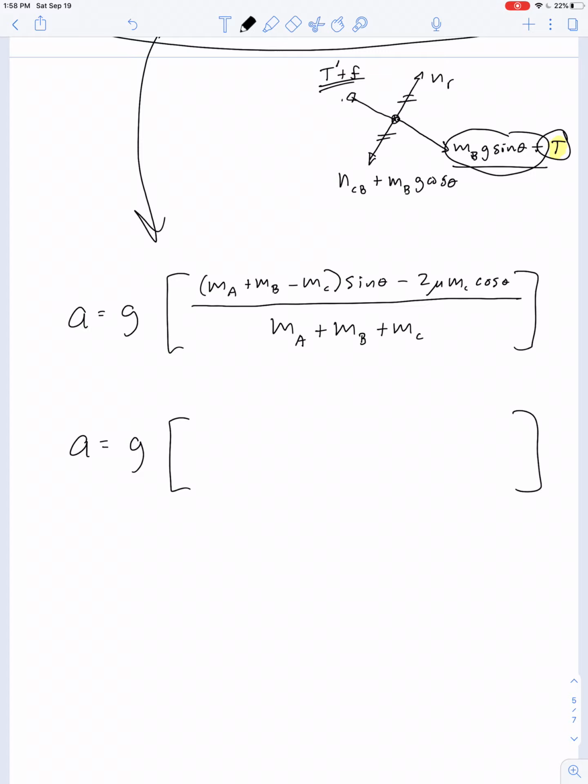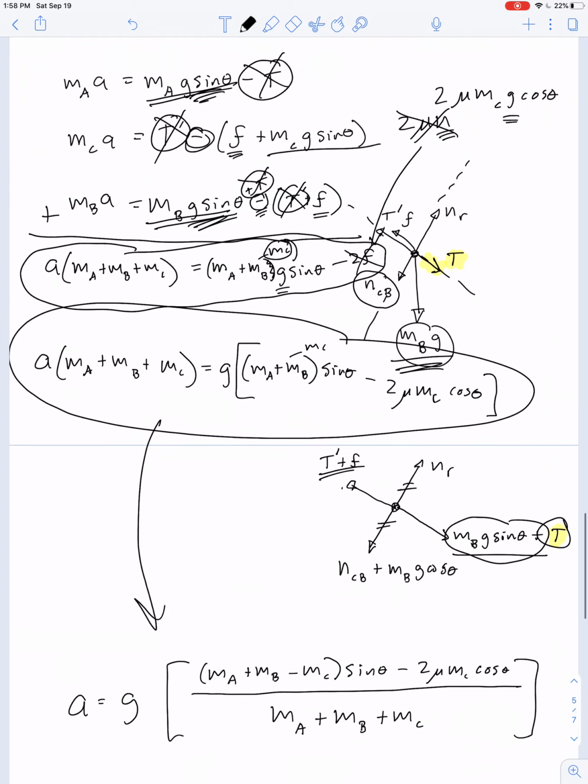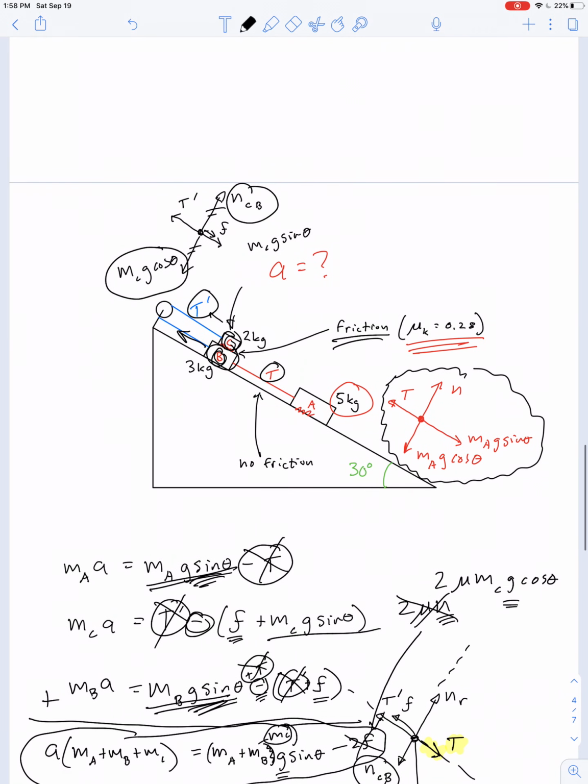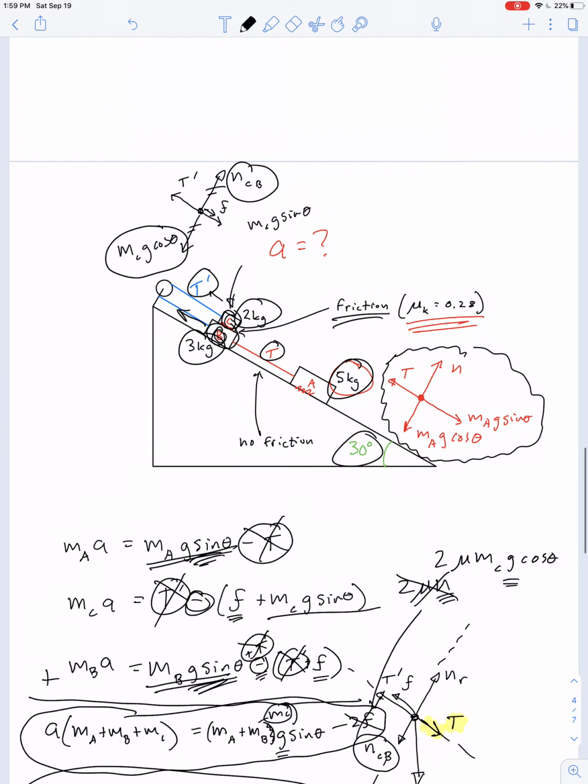Now we need to make a final numerical calculation here. Let's see if we remember what all these masses are. Mass A is 5 kilograms, mass B is 3 kilograms, and mass C is 2 kilograms, and our angle is 30 degrees.